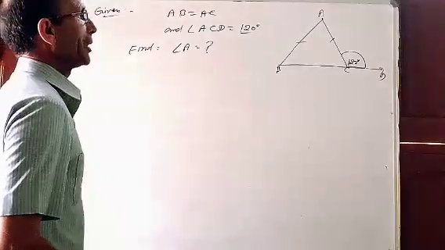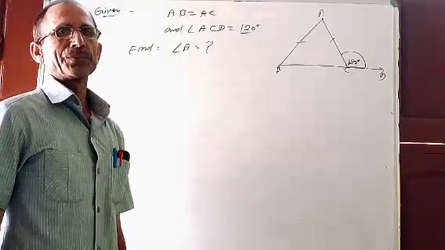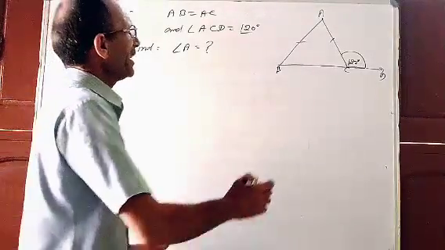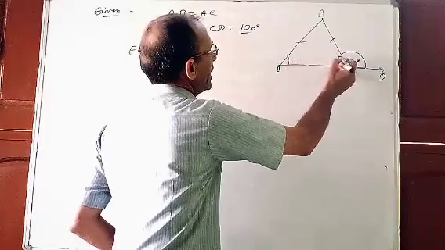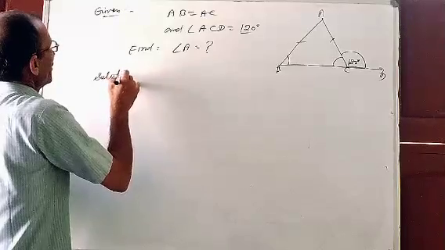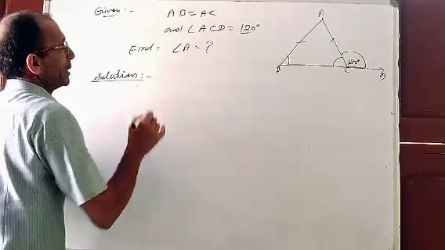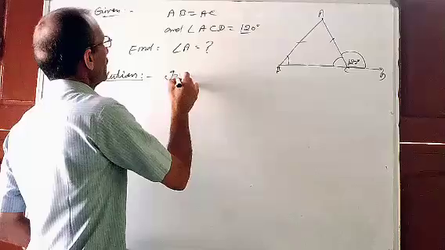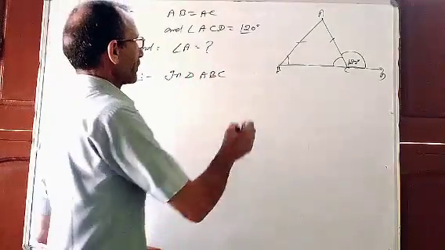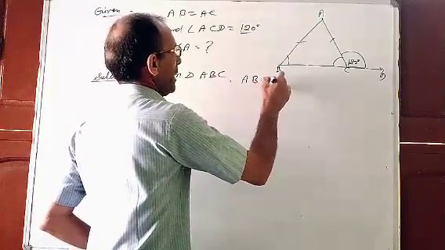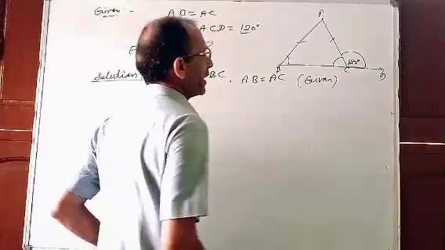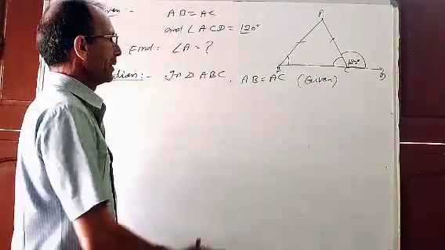So you know the rules of a triangle, and I just proved the theorem: the angles opposite to equal sides are equal. I think it is very simple. Angle B is equal to angle C. So solution: in triangle ABC, AB is equal to AC, given.